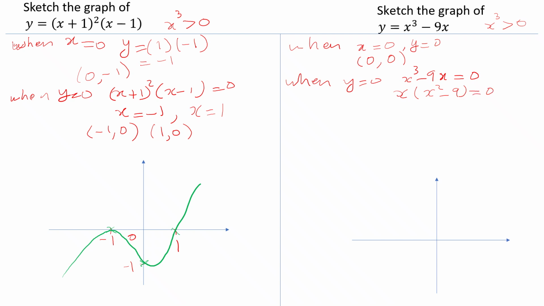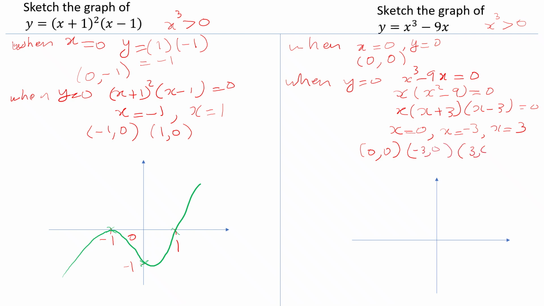Now we can factorize again. So x times (x + 3)(x - 3) equals 0. So the roots are x equals 0, x equals minus 3, x equal plus 3. So the coordinates (0, 0), then (-3, 0), then (3, 0). Now mark the coordinates.